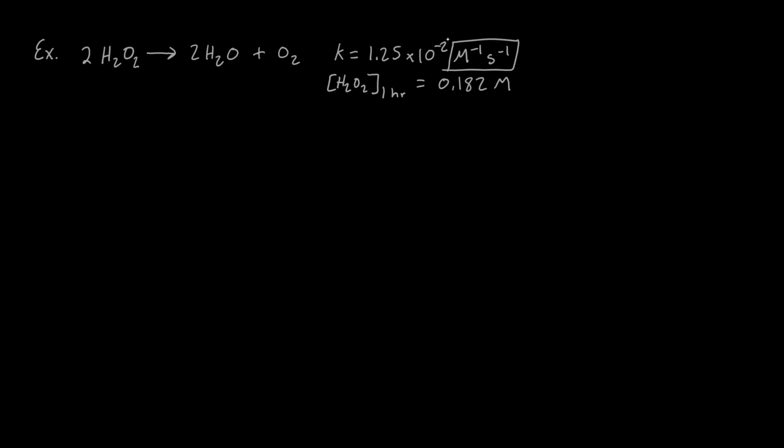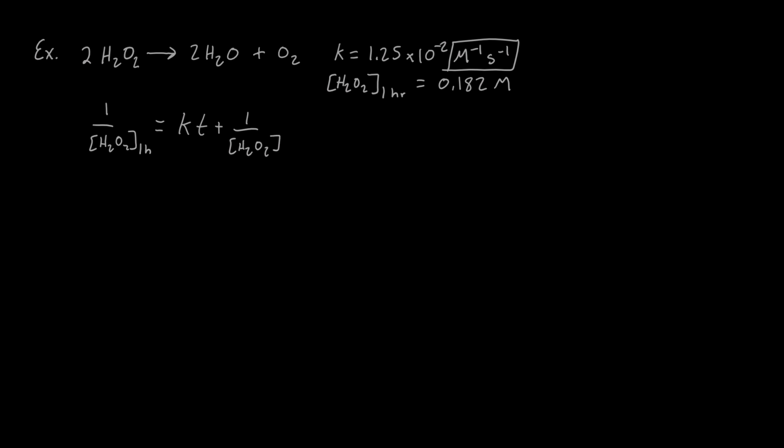So now that we know the reaction is second order, the equation that we'll want to be using is 1 over the concentration of hydrogen peroxide evaluated at the time of 1 hour, and that's equal to Kt plus 1 over the initial concentration.